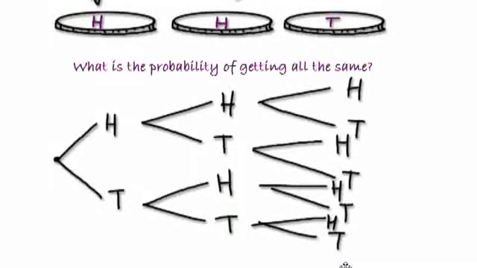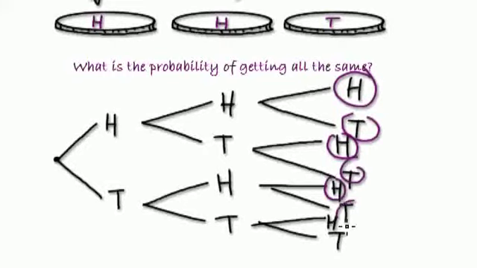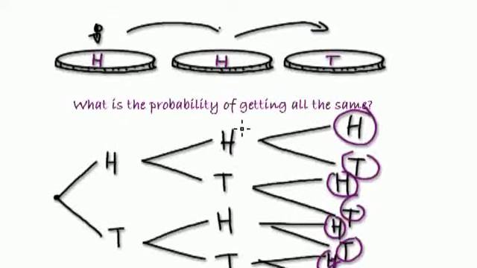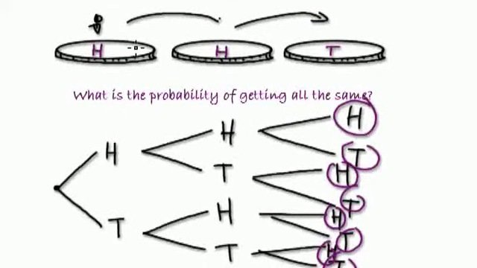So you can see that there are, hang on, 1, 2, 3, 4, 5, 6, 7, 8 possible outcomes with 3 coins. There are 8 possible outcomes. So here the probability of getting a head would be a half. Probability of getting a tail would be a half.